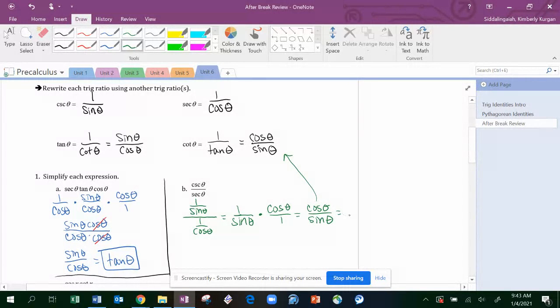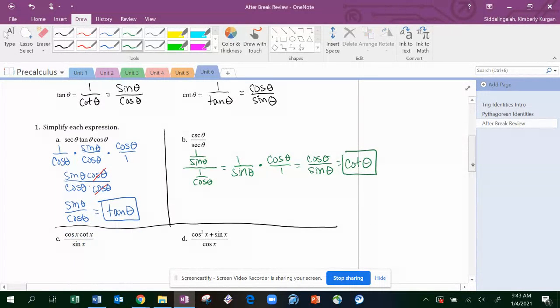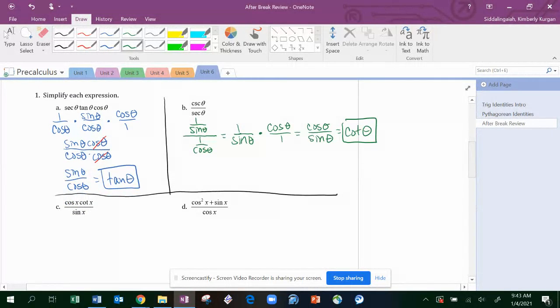That's just a longer way of writing cotangent. So I would say that cosecant divided by secant simplifies to cotangent. Okay, so right now, my only strategy is rewriting things in terms of sine and cosine, and then seeing where my knowledge of simplifying comes in.